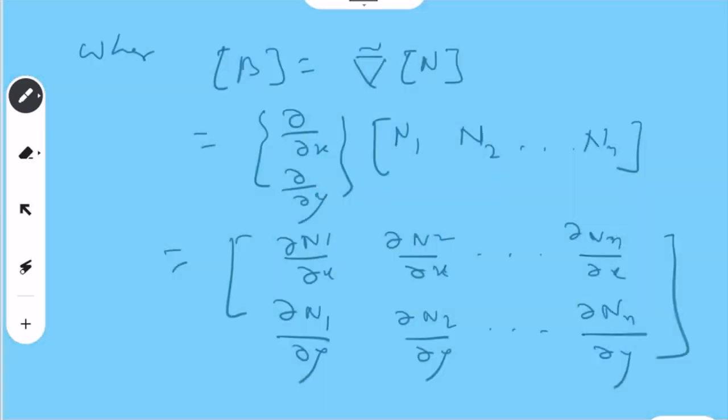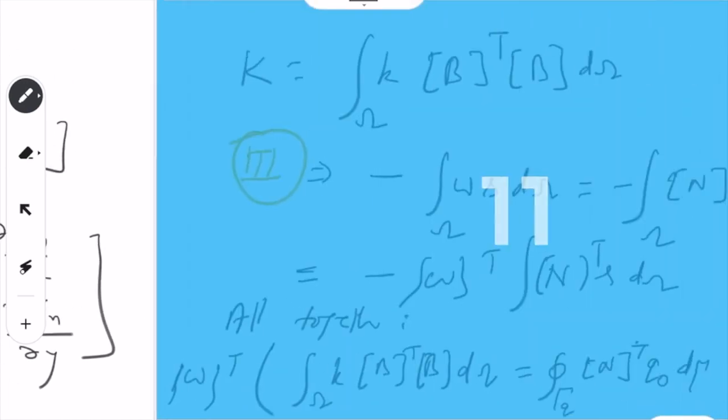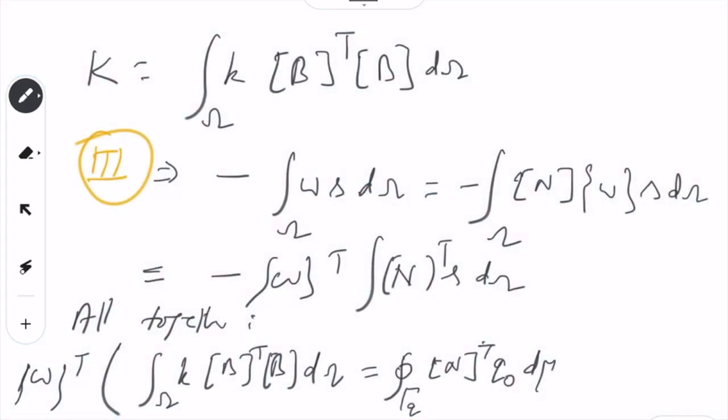So the last term will be minus, the first term is a positive number, so we write a minus here, and then it will be plus, because this will go to the other side.